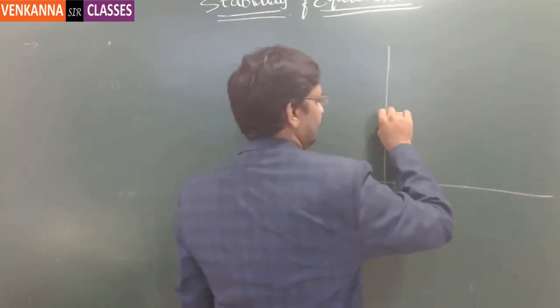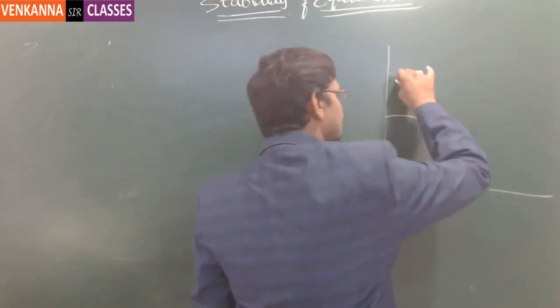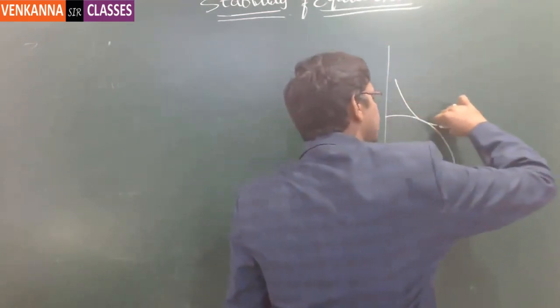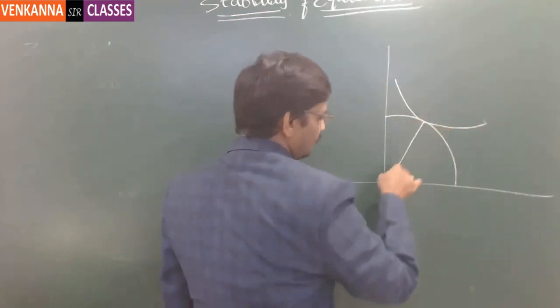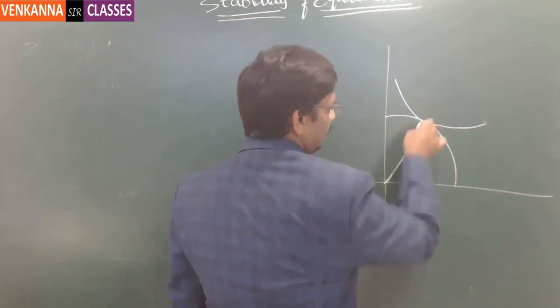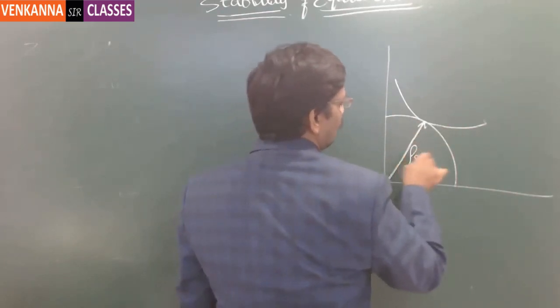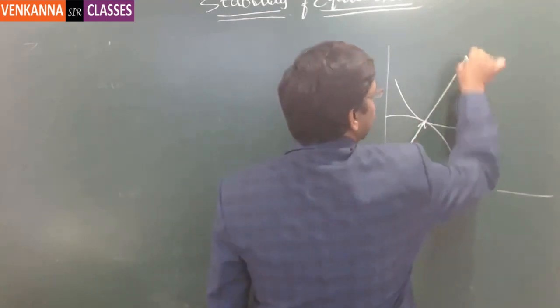Let us say there is one body like this, and then there is one more body which is just touching it. Let us say the radius of curvature of the bottom body, which I call the second, is rho 2, and the radius of curvature of the top body is rho 1.